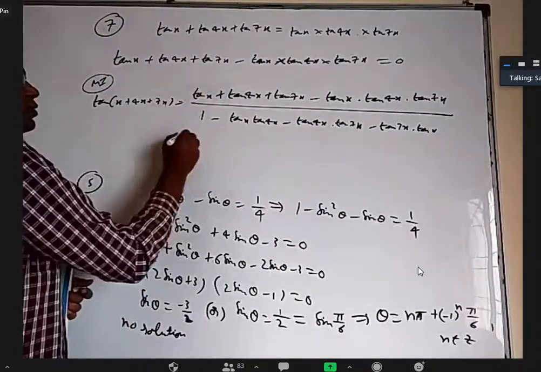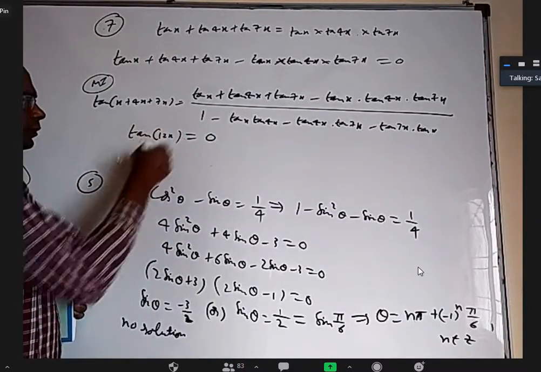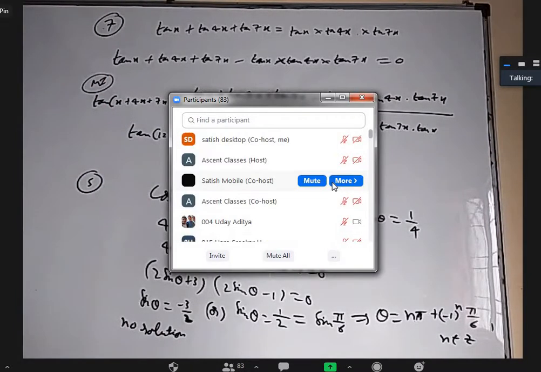Okay, this numerator is 0, that's why it is 0. And this is tan 12x. Uday Aditya, tan x equal to 0, what is the general solution?